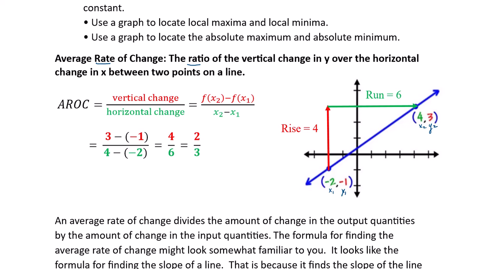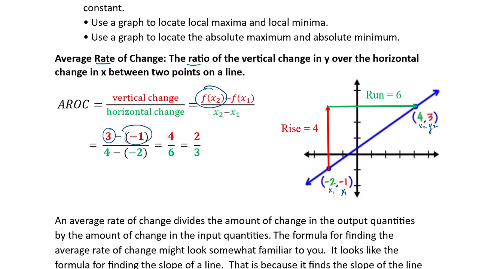So when I'm putting this into the formula, f of x sub 2 is 3. f of x sub 1 is -1. So I'm putting 3 minus -1. We'll need parentheses there.